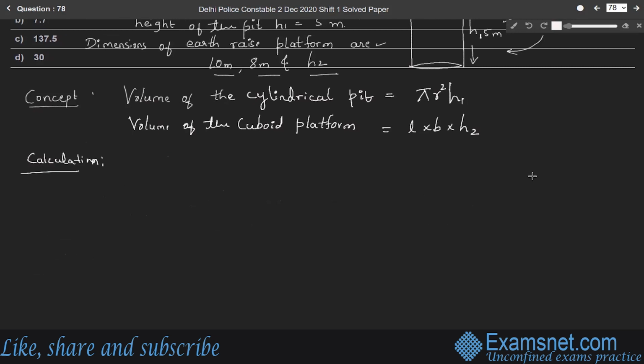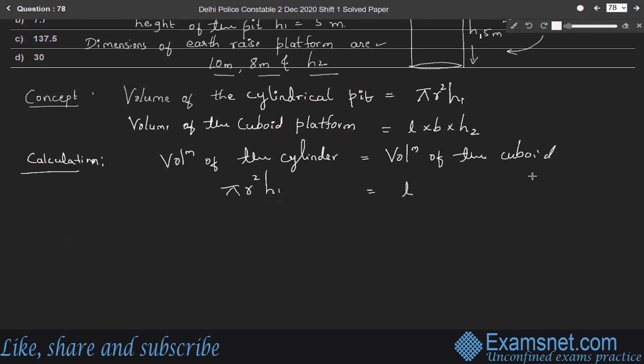So volume of the cylinder is equal to volume of the cuboid. Therefore, pi r square h1 is equal to length into breadth into h2. Substitute the values, 22 by 7.